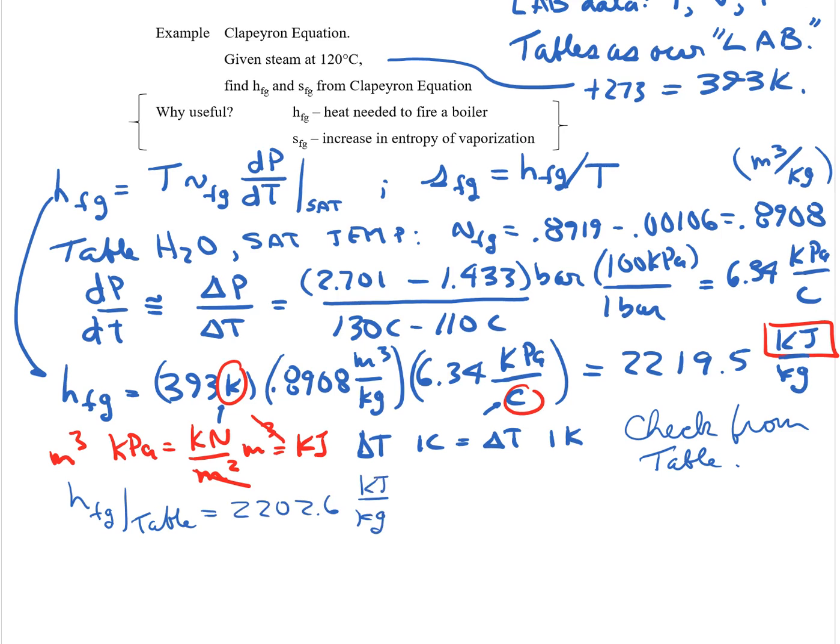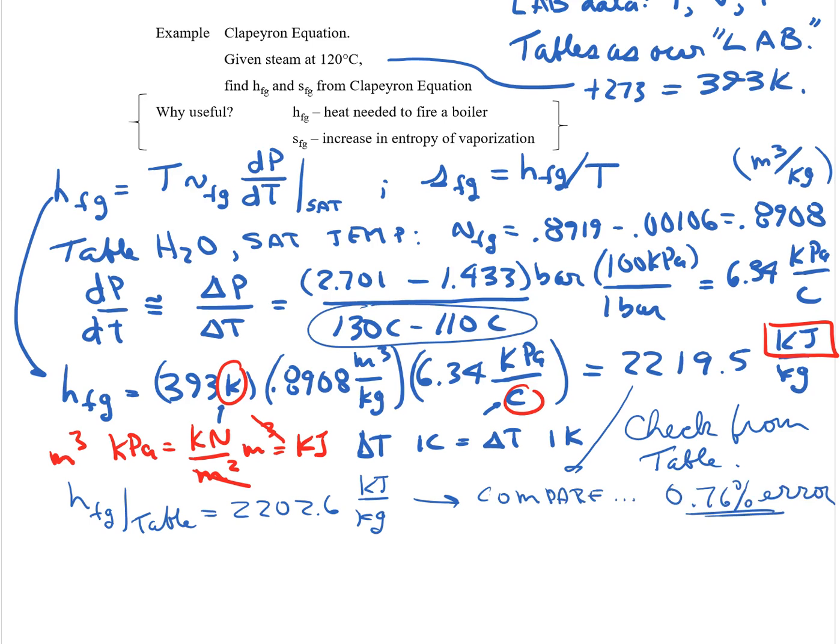And if I compare this, the difference is about 0.76% error. That's not bad. Where does the error come from? It comes from the coarseness of the delta of the approximate derivative. This is pretty coarse, 20 degrees temperature.